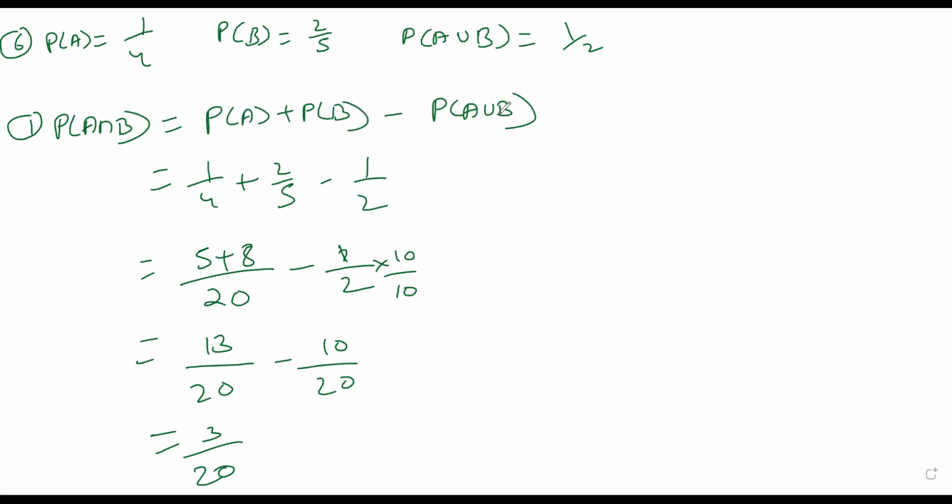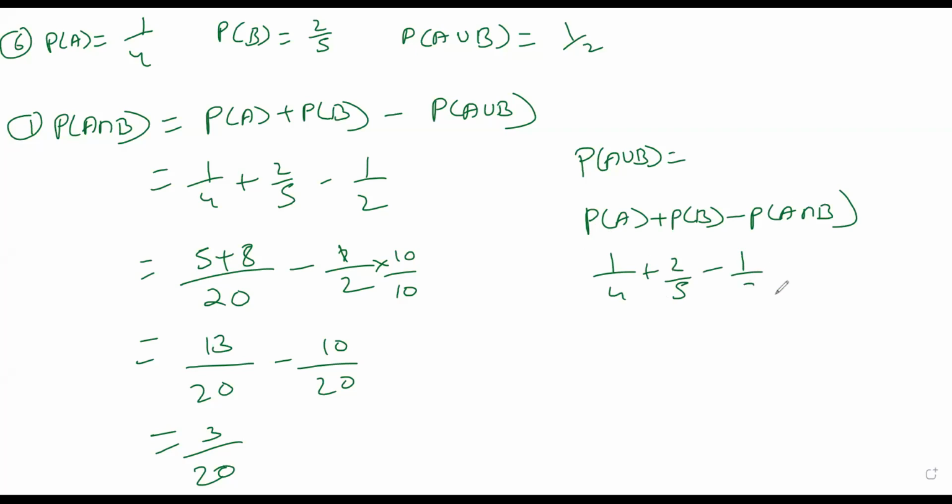See, this is not a formula given straightforward, but we have a formula: P of A union B is equal to P of A plus P of B minus P of A intersection B. Sorry, we don't have A intersection B. So this comes to be 1 by 2 is equal to 1 by 4 plus 2 by 5 minus P of A intersection B. So I'll put it that side.